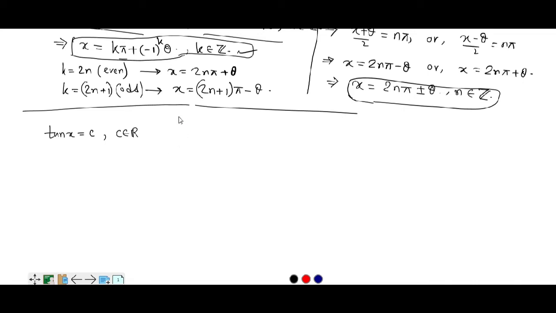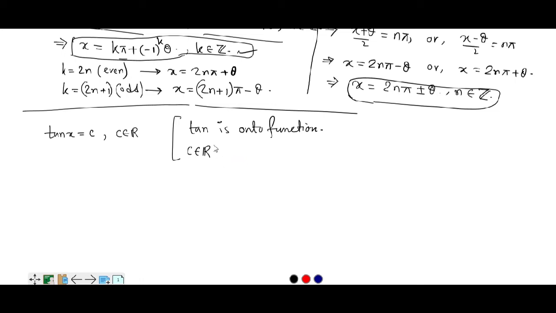Actually, the more concrete reason for this is that the function tan is onto. That means wherever you take the value c on the real line or on the y-axis, it is the codomain of tan.